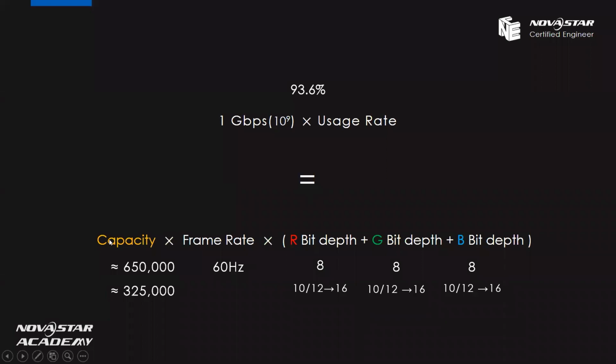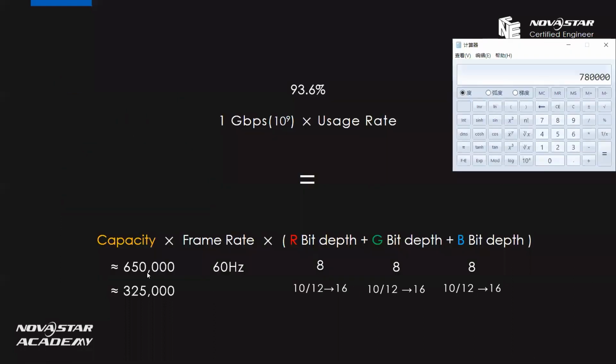And let's see the capacity. Here, 1 gigabits, 93.6, divided by 60 hertz.